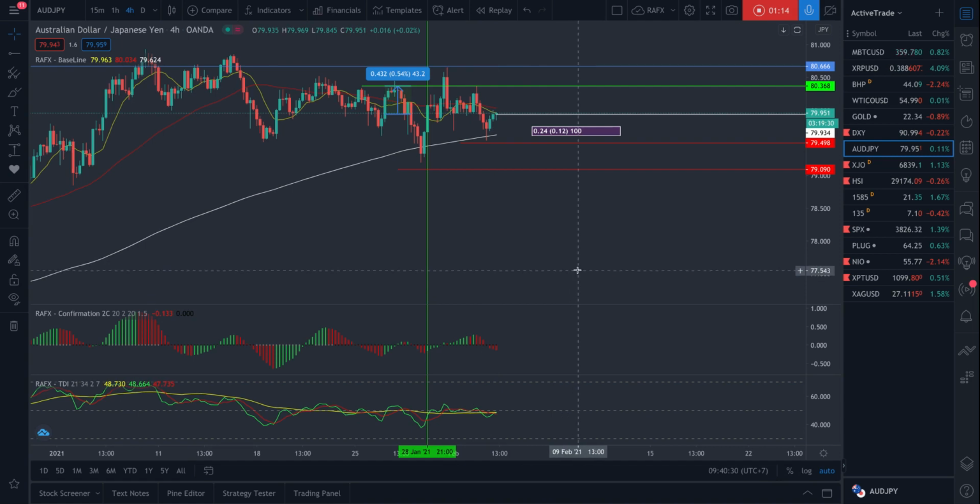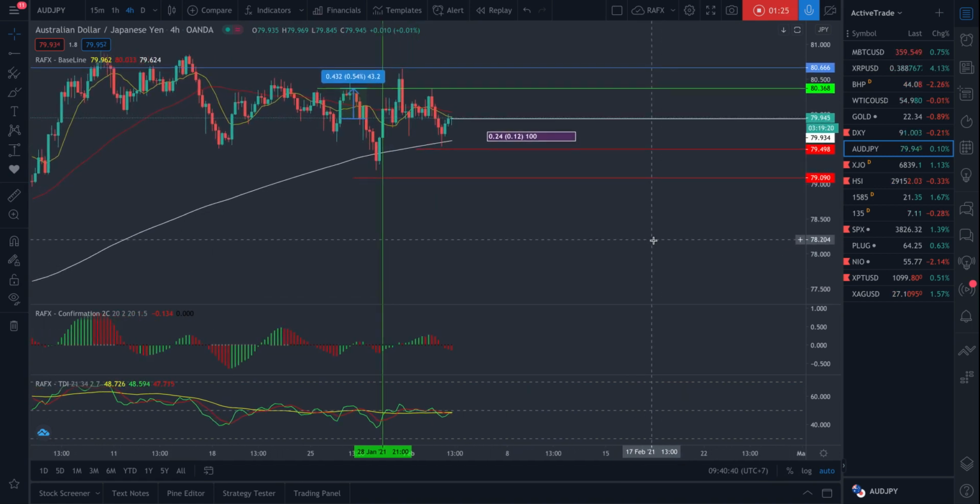So I think this is again an R2 long setup. This is a trend continuation. So basically, it starts with a, what do you call this one, indicator. So let me find it first.